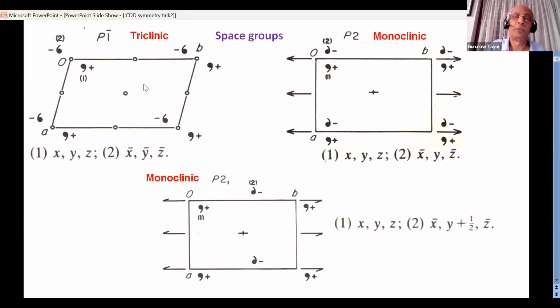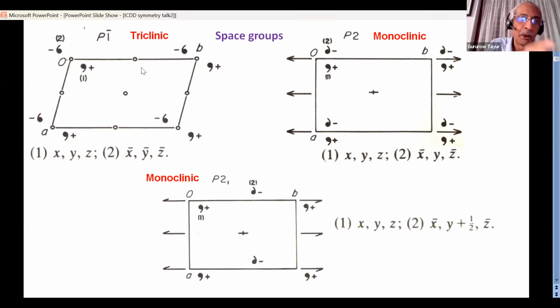A person by the name Wyckoff made notations for this, and the notation is such that we take the most symmetric position to be represented by an alphabet A, and we call this particular position as A, maybe this position as B, this position as C, and so on. And this is known as the Wyckoff notation. And with respect to that, we also describe the number of equivalent points which get associated with this. In this particular example, it is 1.